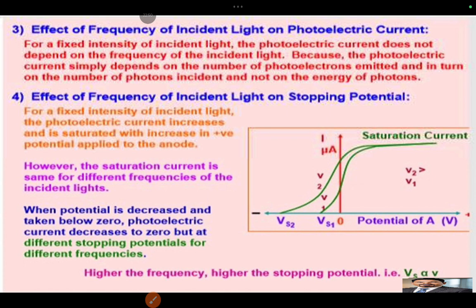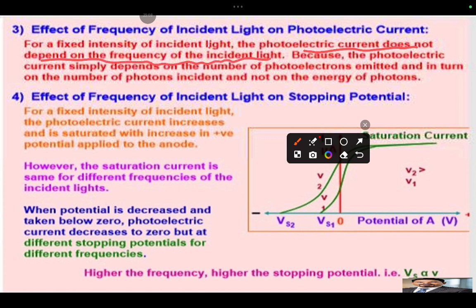Third observation from the experiment: effect of frequency of incident light on photoelectric current. For a fixed intensity of incident light, the photoelectric current does not depend on the frequency of incident light, because photoelectric current simply depends on the number of photoelectrons emitted and in turn on the number of photons incident, not on the energy of photons.